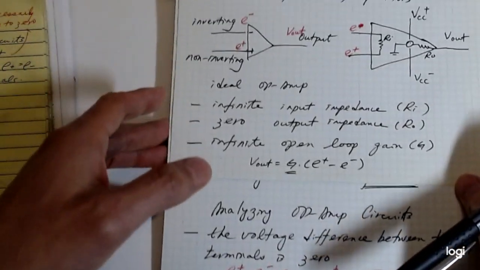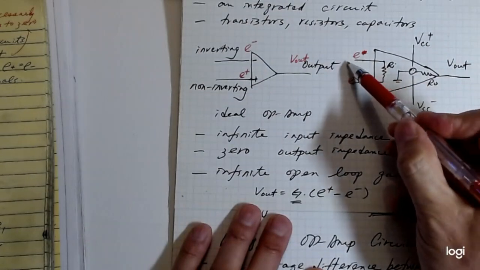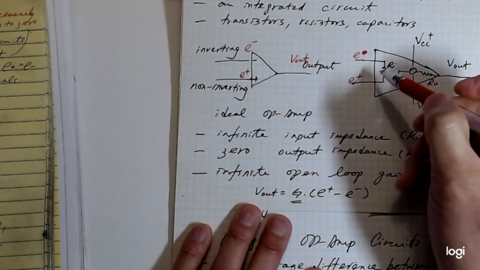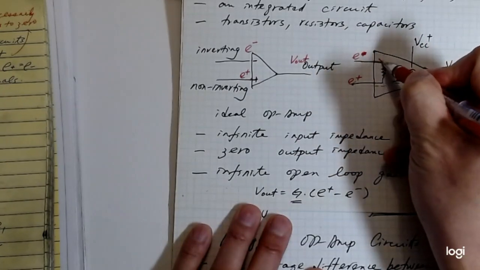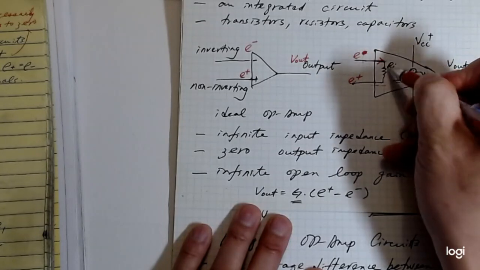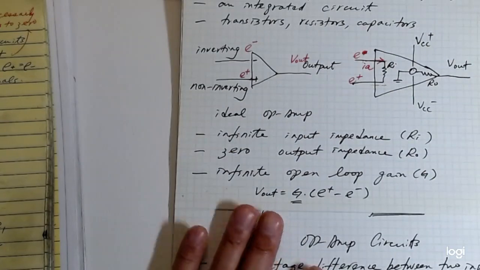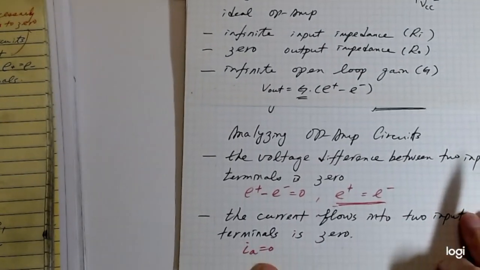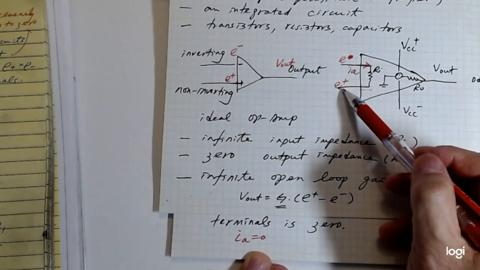So you model the big integrated circuit as this simple circuit. The current flowing into these terminals, from E negative to E positive or vice versa, let's say it's IA. This IA should be 0.